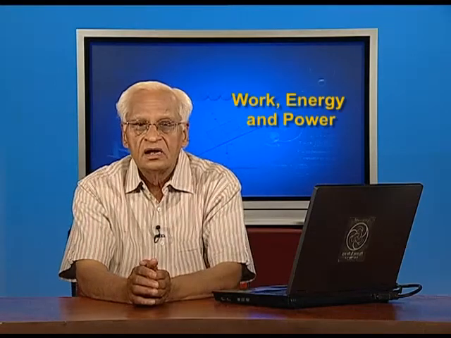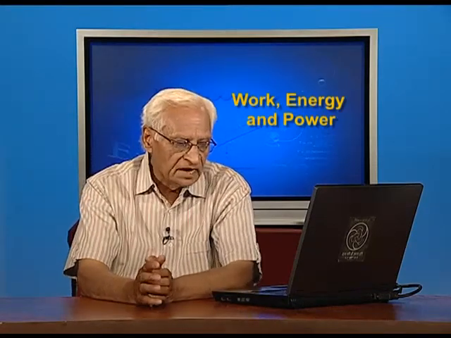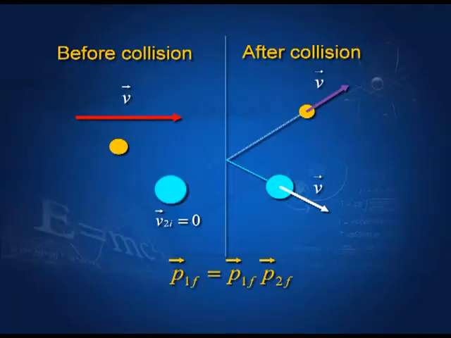As before, we assume that the target particle is at rest, and here is the collision. Before collision, here is a particle, this yellow ball which is coming, and the target is at rest. So, the target velocity v2i is equal to 0, and what happens after collision?